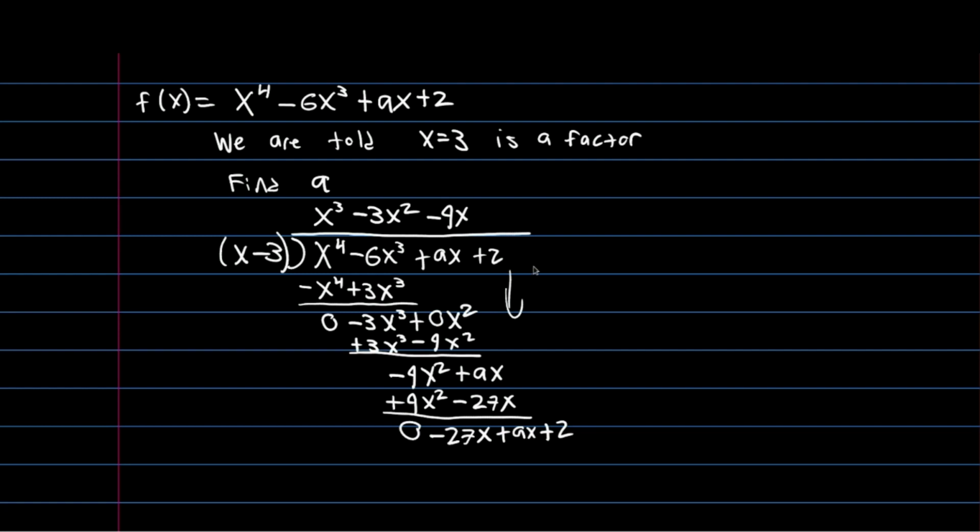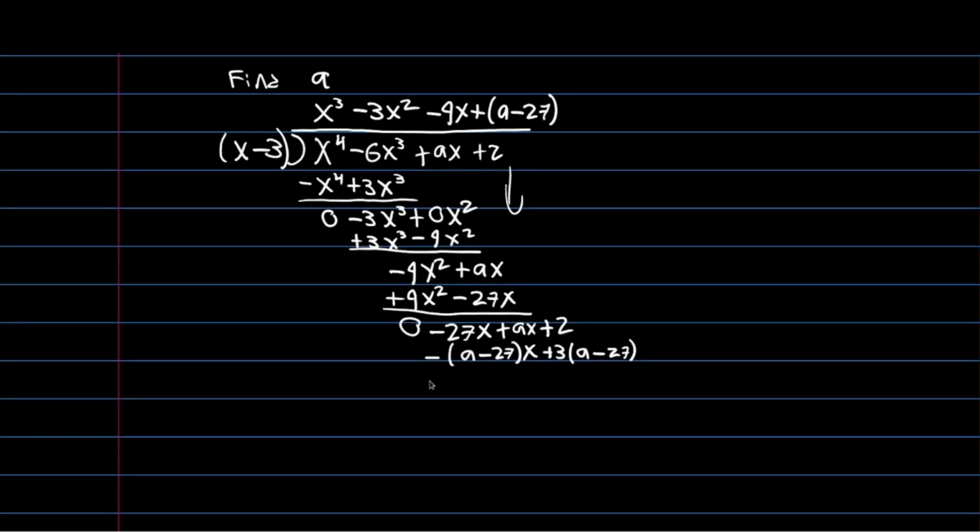So we know that this should go into 27x minus 27 plus a times, because it's 27a minus 27x, plus 3a minus 27, which gives us 0 plus 2 plus 3 times a minus 27. So this tells us that we have a remainder that's dependent on variable a.